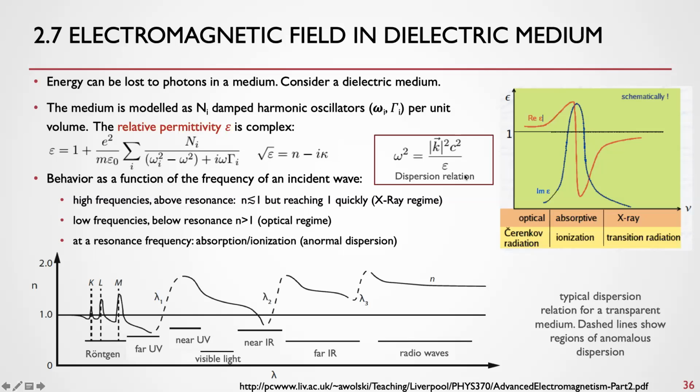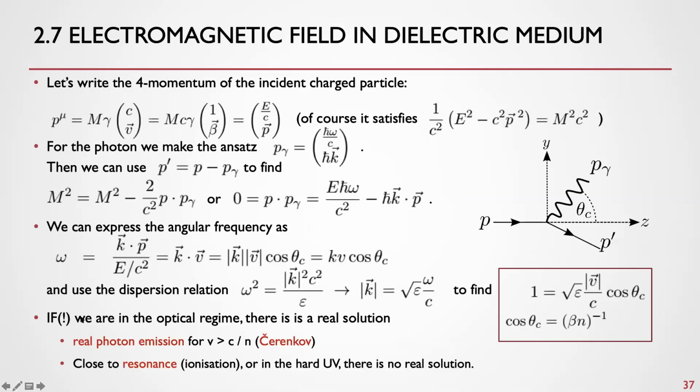Finally, in the very hard UV, for very high frequencies, n is 1, or is very close to 1. And if n is very close to 1, or square root epsilon is very close to 1, the speed of light in the medium and the speed of light in the vacuum is the same, and the speed of the particle cannot be larger than that. And hence, close to the resonance because of ionization, or in the very hard UV, there is no real solution, and hence no photon will be emitted.